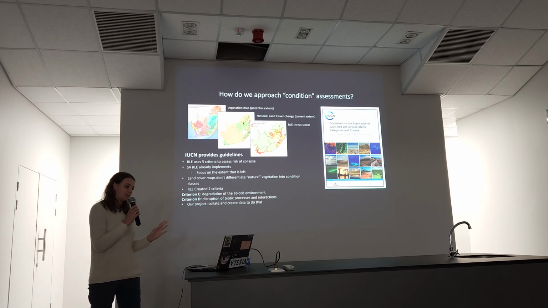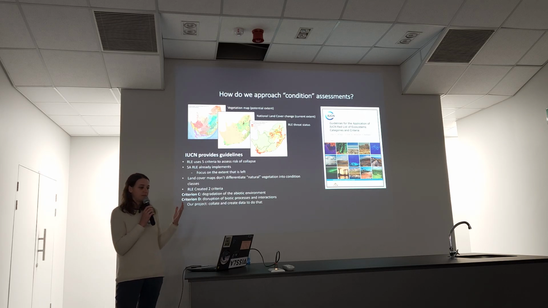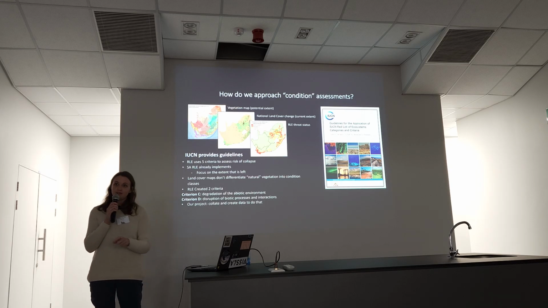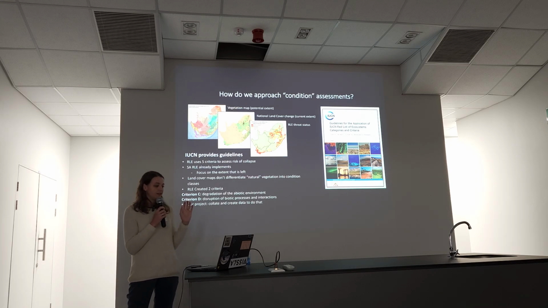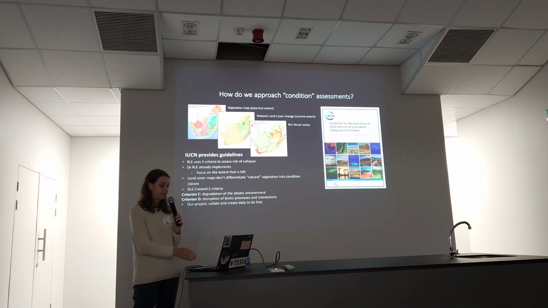But the land cover maps don't differentiate the natural vegetation into further classes of condition. But these guidelines do provide two criteria for that, which focuses on the degradation of the abiotic environment, which would be soil erosion or so, and then the disruption to biotic processes. So our project is trying to collate and create, if we can't collate data, to do these assessments.